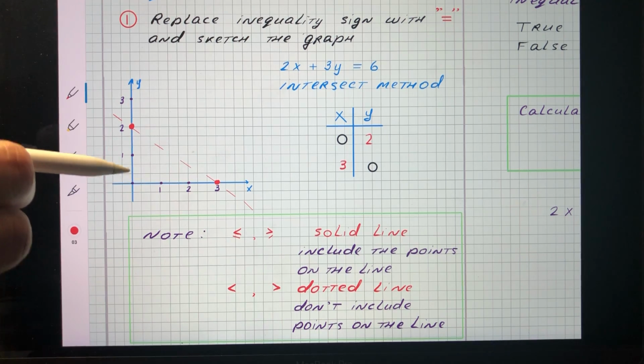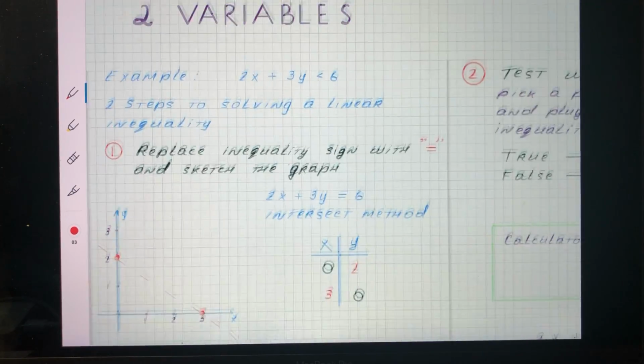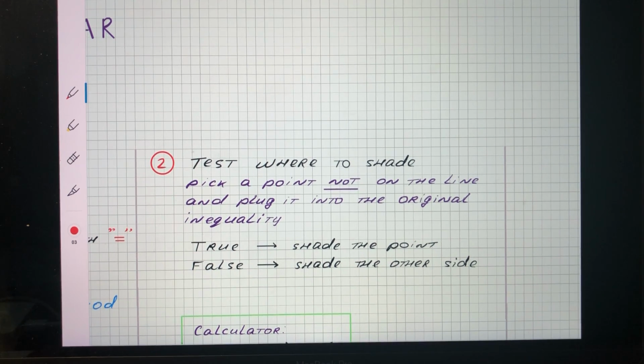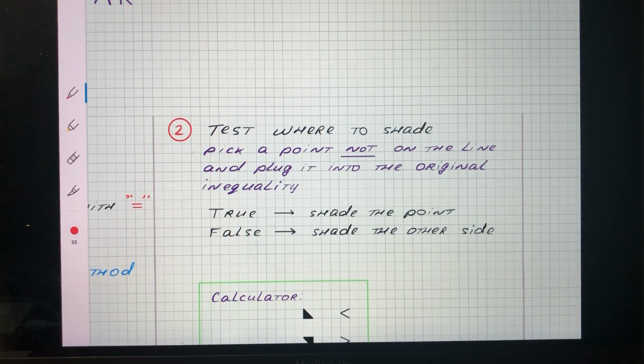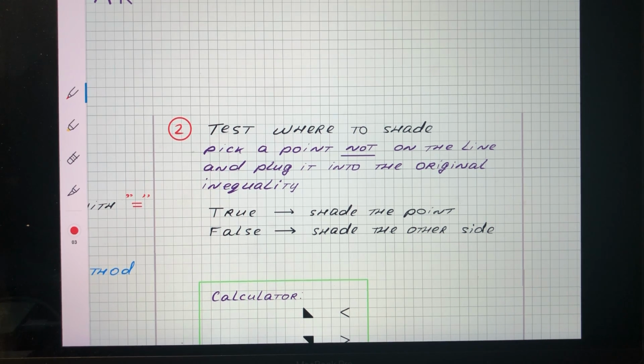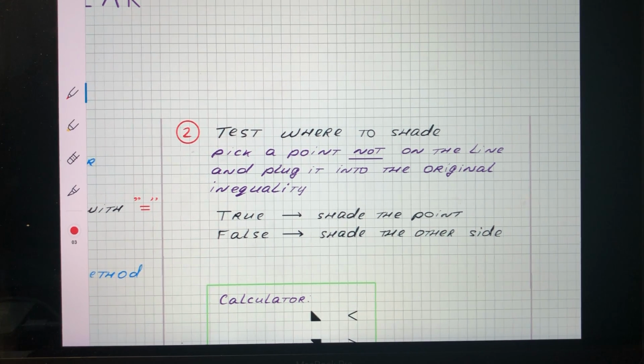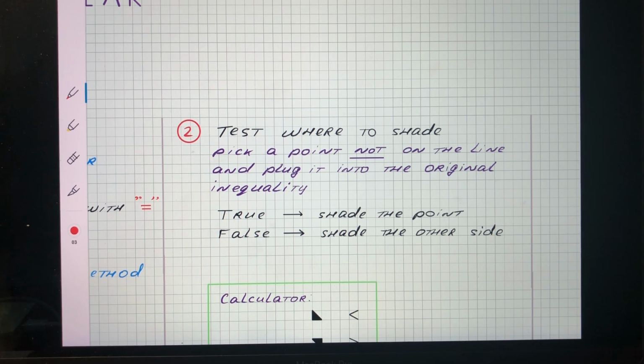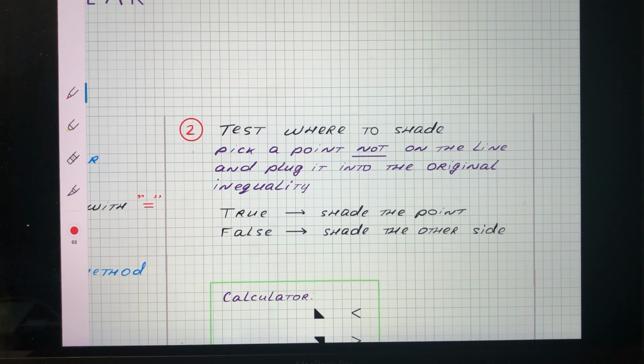To do this, we do the second part of this process, and that is, we test a point. We choose any point that is not on the line, and we plug it into the original inequality to see if it's true or false. If the point makes the inequality true, then we shade the side where the point is.